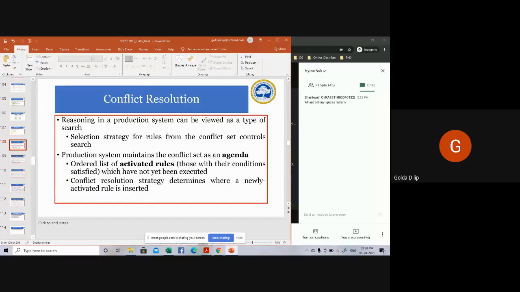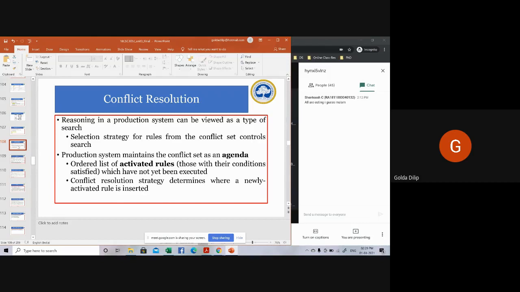Now coming to conflict resolution. Say we have two rules, let's say rule 2 and rule 3, with the same if part. Both of them can be set to fire when the condition part is satisfied. These rules represent what is called your conflict set. Your inference engine must determine which rule to fire from such a set.